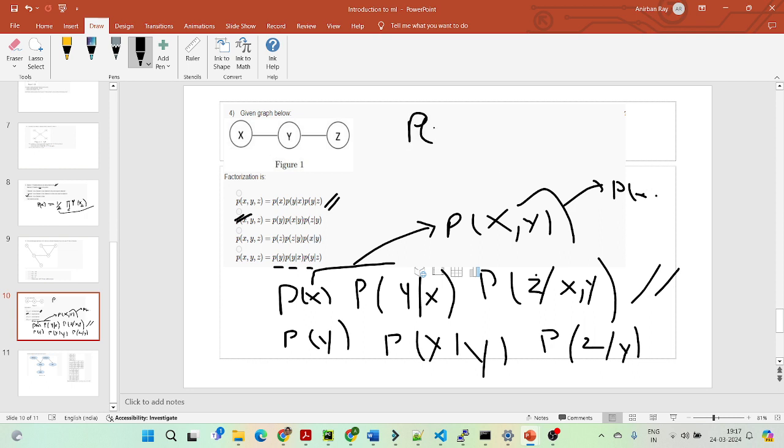Joint probability is equal to, joint probability means this intersection type. So this is p of x multiplied by p of y given x. You know this, right? Conditional probability.